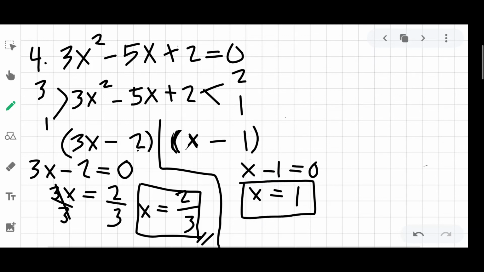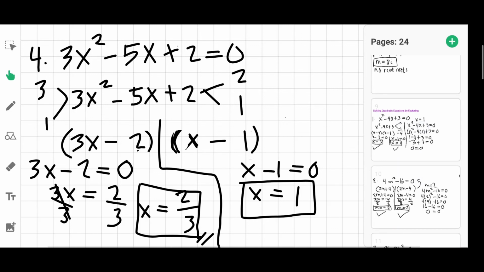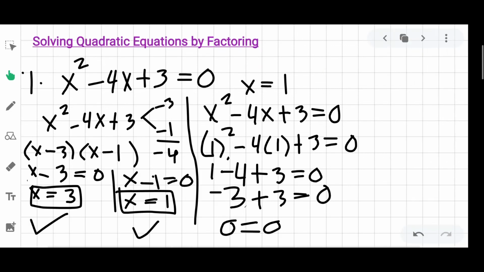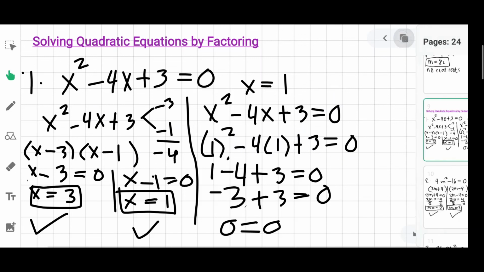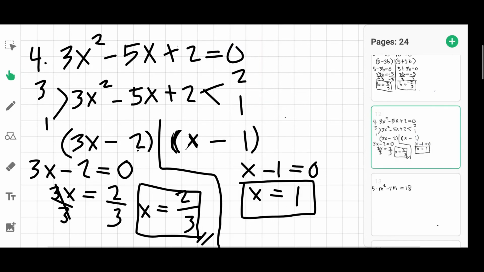Hindi na natin kailangan mag-divide both sides kasi wala naman ng number dito. Hindi kagaya nito. Ito na yung sagot natin for our fourth example. Kung gusto nyong i-check if our answer is correct, gagawin nyo lang yung kagaya ng ginawa natin dito. Copy the original equation. Palitan nyo yung value ng x sa nakuha natin. Which is ito.